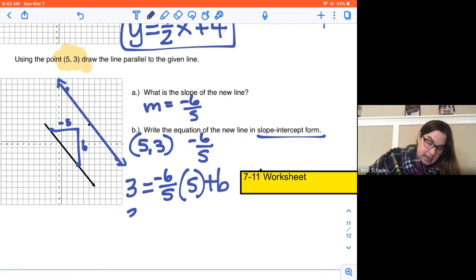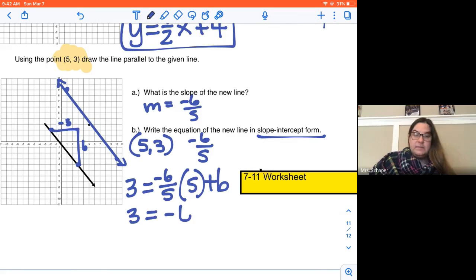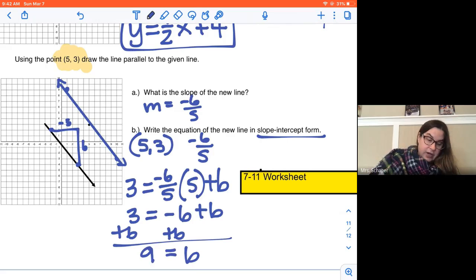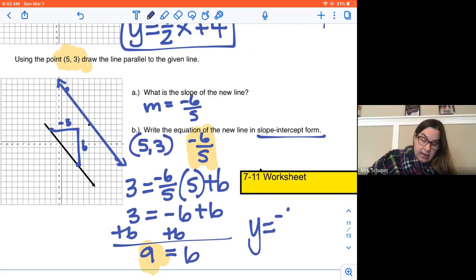So 3 equals -6, because -6/5 times 5 is -6, plus b. Add 6 to both sides, b equals 9. So now I know my slope, I know my y-intercept, and I can write the equation. y equals -6/5 x plus 9.